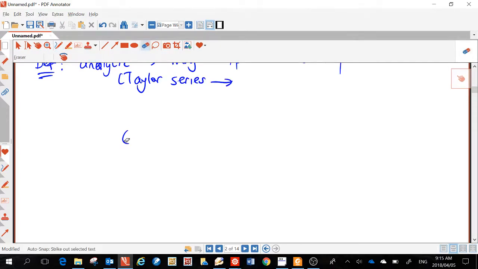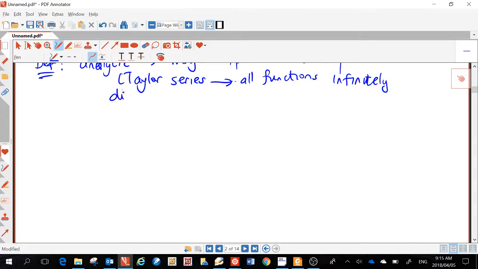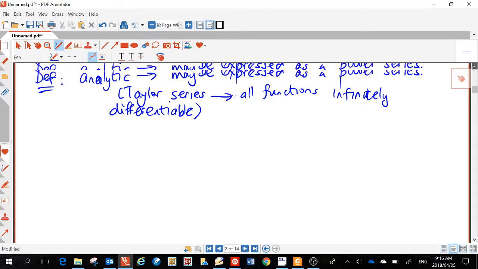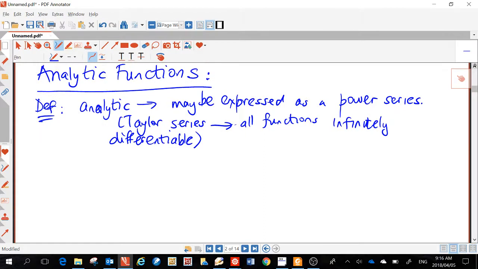And that's not surprising. You see that? All functions that are infinitely differentiable. Remember this result in first year? You must have been wowed by this result because it is such a spectacular result. You may not have used the word analytic, but Taylor's theorem came across.